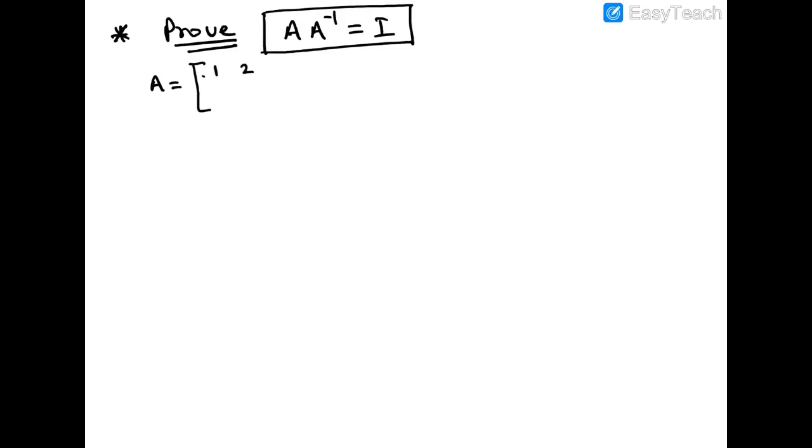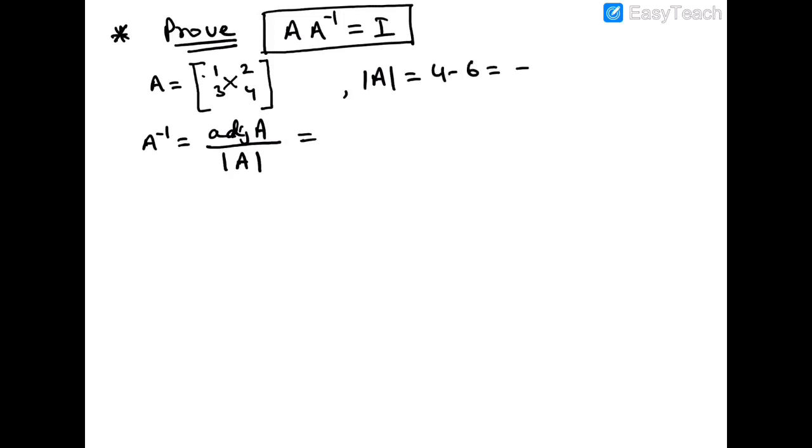Now let's prove A times A inverse is equal to I. So for that, let's take 2 by 2 square matrix 1, 2, 3, 4. Then its inverse will be adjoint A divided by determinant of A. So determinant of A is 4 minus 6, that is minus 2.